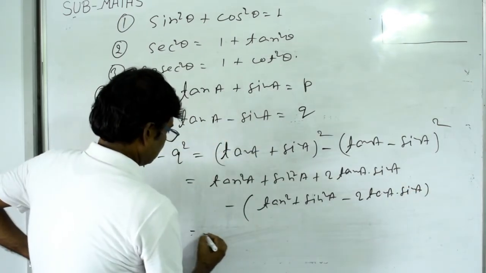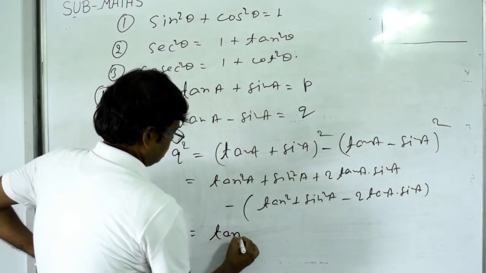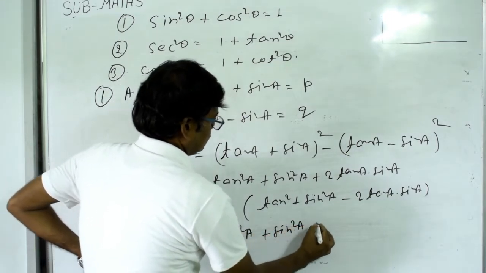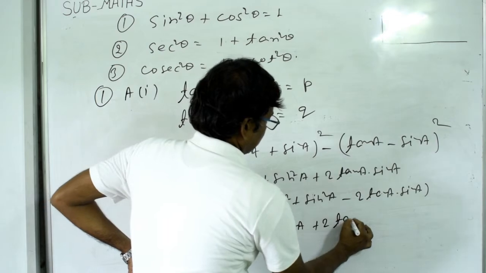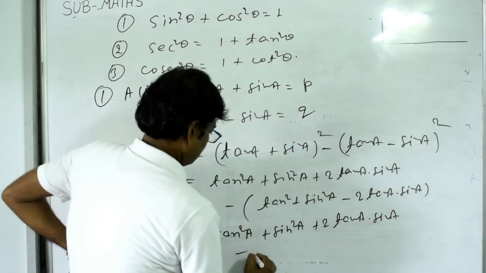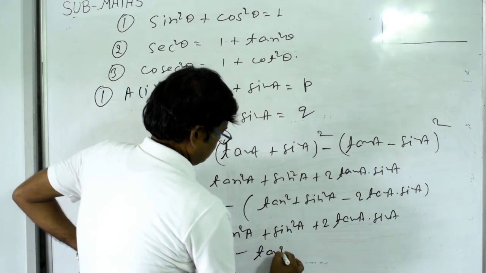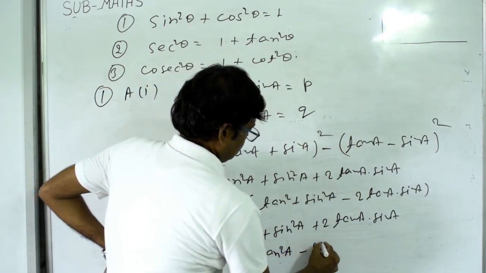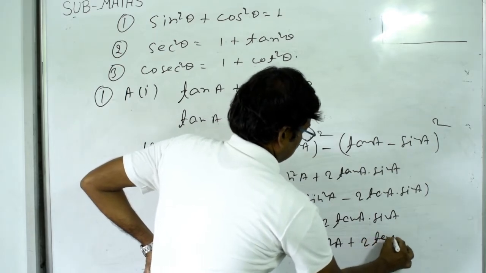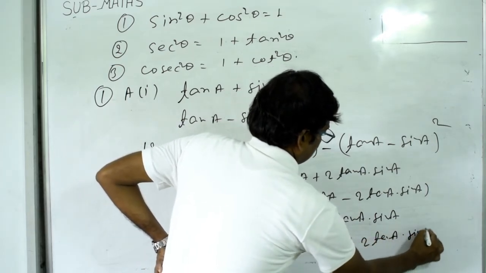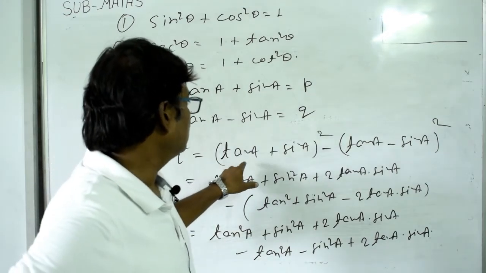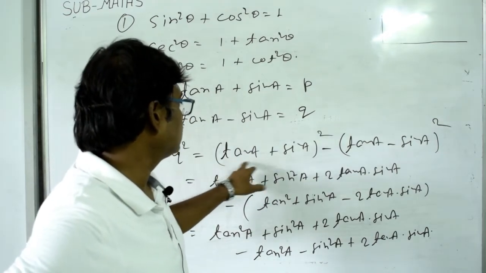Then open this bracket. You can open this by using the formula a plus b whole square.